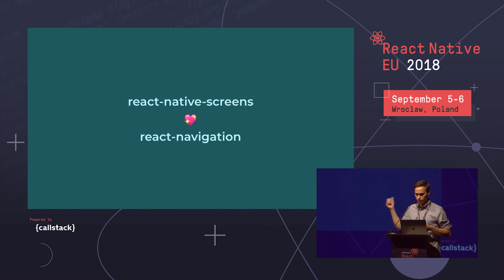If you go to GitHub for React Native Screens, you will see the instructions on how to get it to work with your React Navigation. You don't have to make any changes to your app at all. It's just an internal change of React Navigation. The only thing is that you're going to need to install the native components that React Native Screens ships with.